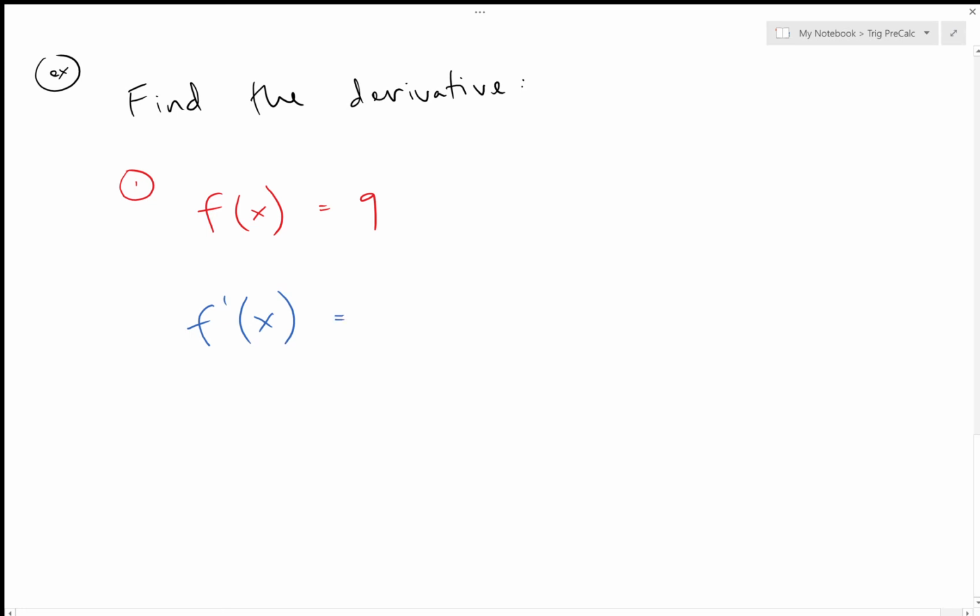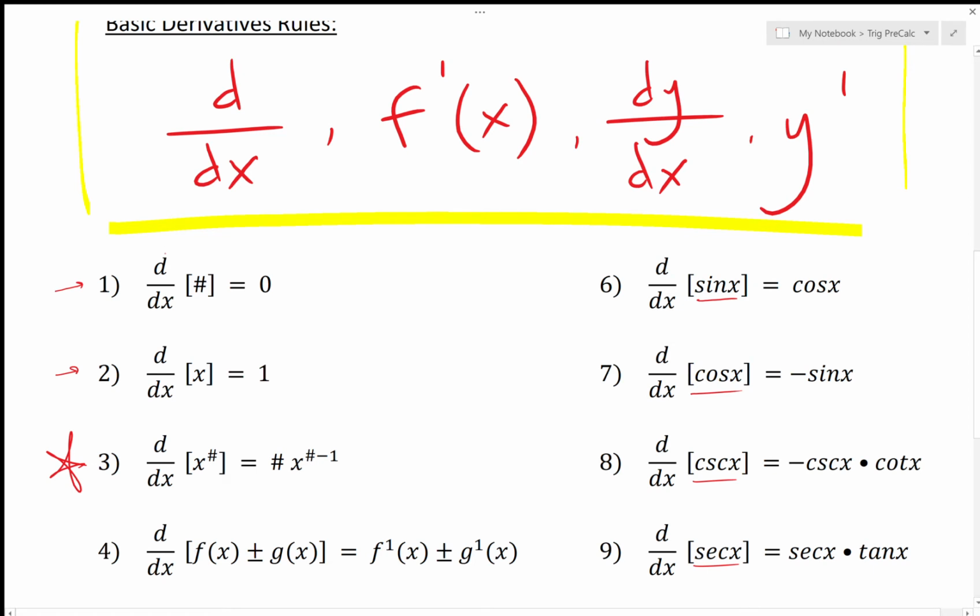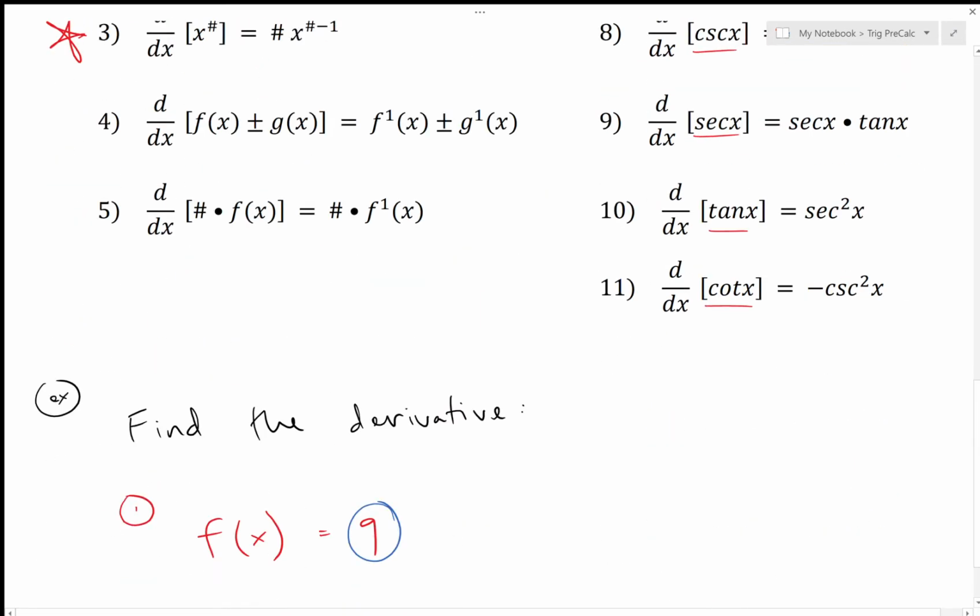Now let's look at what we have here. It is a 9. 9 is a number. It's a constant number. So if I look back up here, it's actually going to be rule number 1 right here. If we're taking the derivative of a constant, just a number, see, no x, no variable, the derivative of a constant number is going to be 0, no matter what.